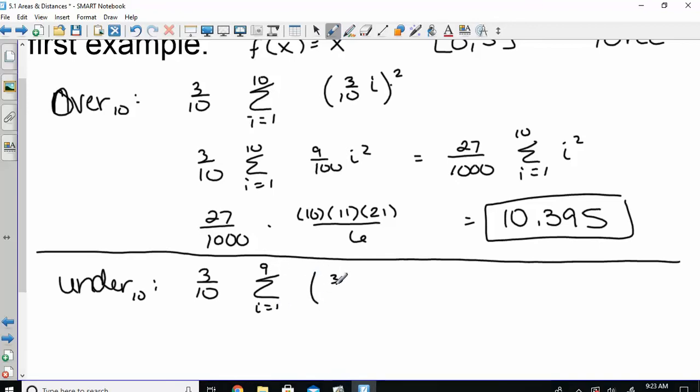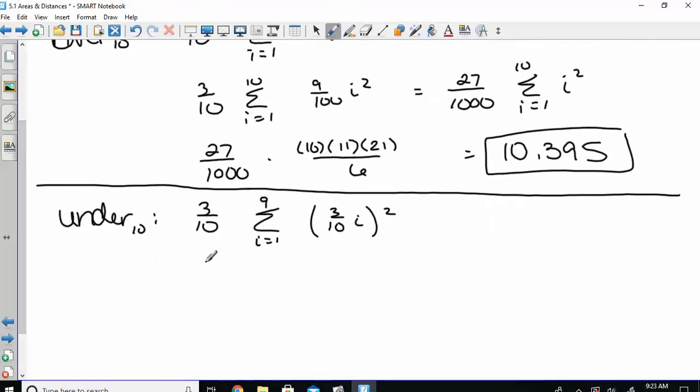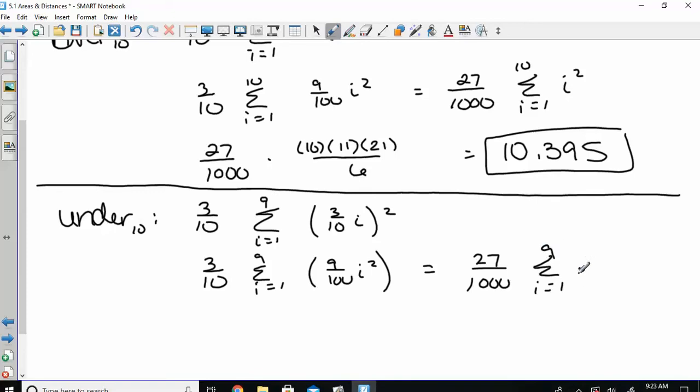And then it's the same thing. Our n is 9.